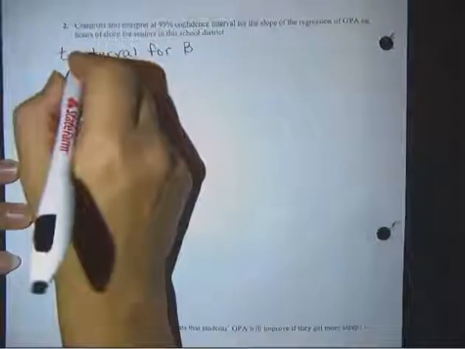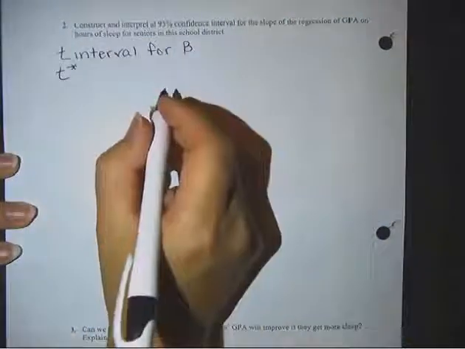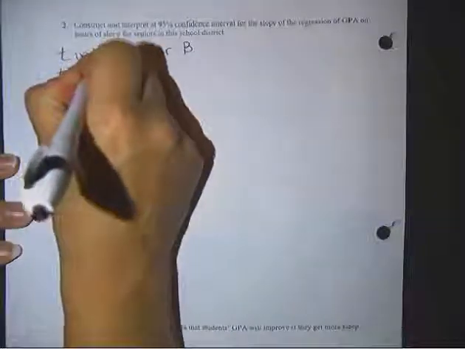And so to find t-star, we can look it up in the table for 14 degrees of freedom and a 95% confidence interval. Look it up, make sure you're getting it, because a lot of y'all, this is where you're having trouble. It comes out to be 2.179.